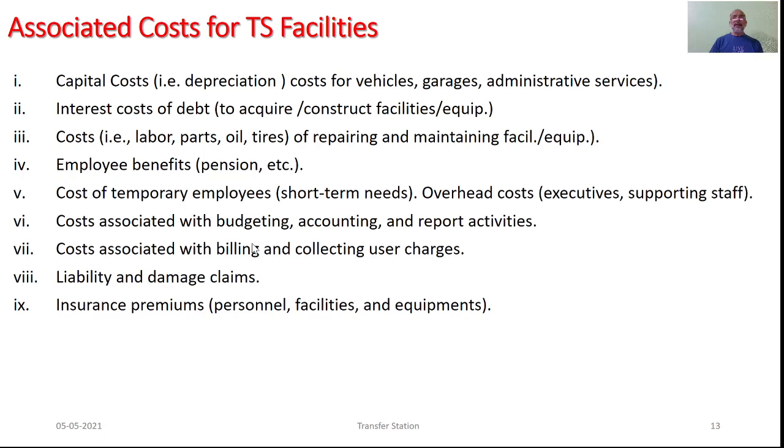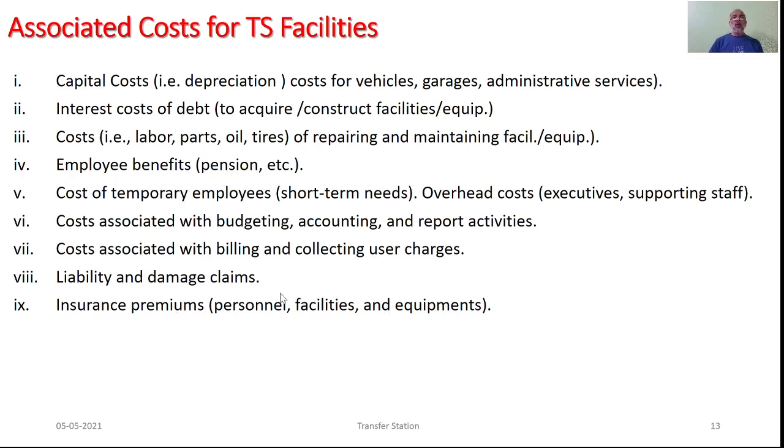The costs which are associated with the budgeting, accounting, as well as report preparations. The costs that are associated with the billing and collecting the user charges, liability and damage claims, and also personal facilities and equipment insurance premiums.